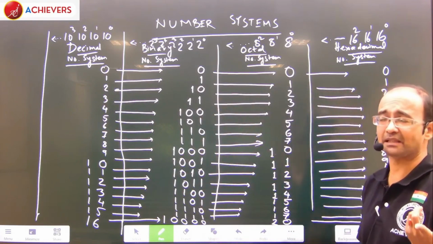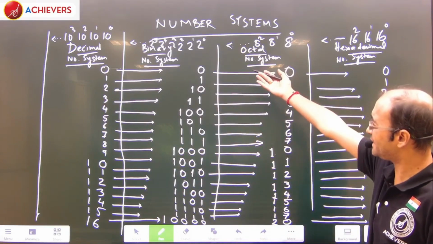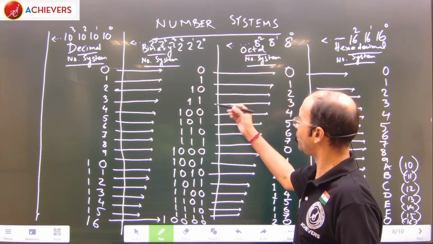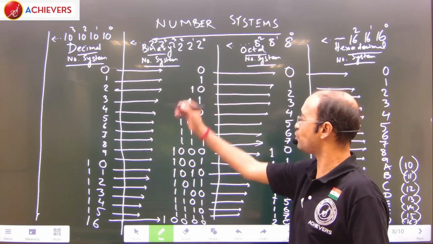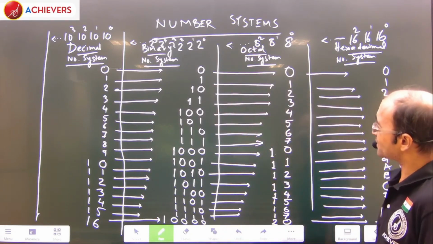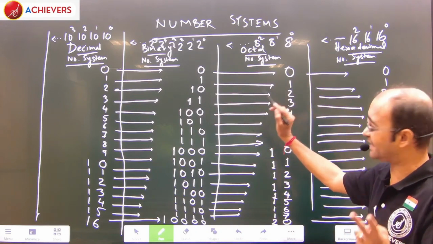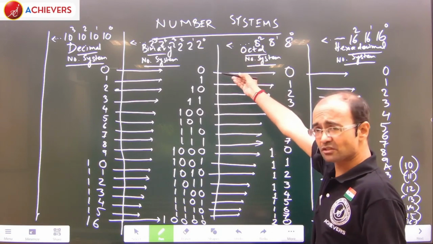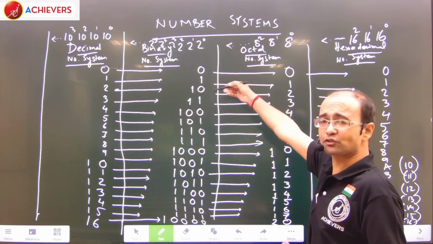10 means decimal. Similarly, in binary, we have the representation based on 2 to the power 0, 2 to the power 1, 2 to the power 2, and so on. So we are representing the numbers based on only 2 digits, that is 0 and 1. So 0 is false and 1 is true.